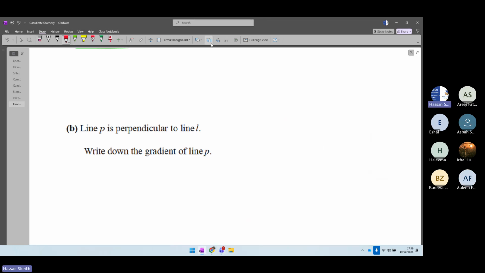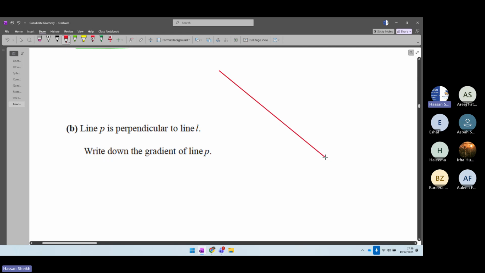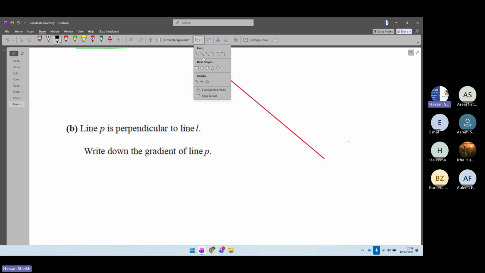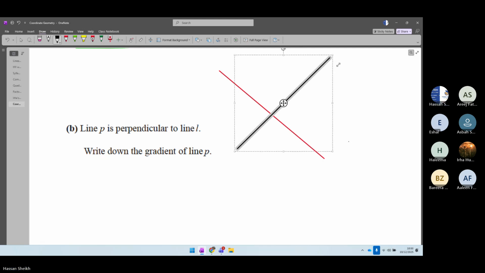Suppose that there is a line L like this, and then there is another line P which is perpendicular to that line. Perpendicular means that the lines are at 90 degrees. That's line L and that's line P.